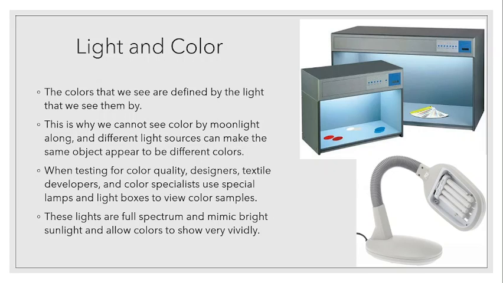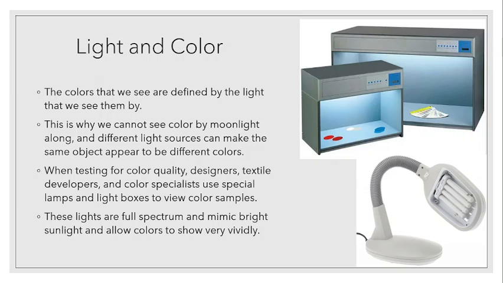You can test this yourself in your home if you have different types of light bulbs. Look at one color in one room with one source of light, and then look at it another. Contrast it again by looking at it in sunlight. The same color may appear to be different colors, depending on what light source is used to view it.